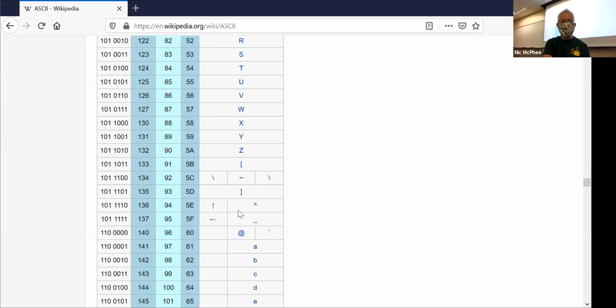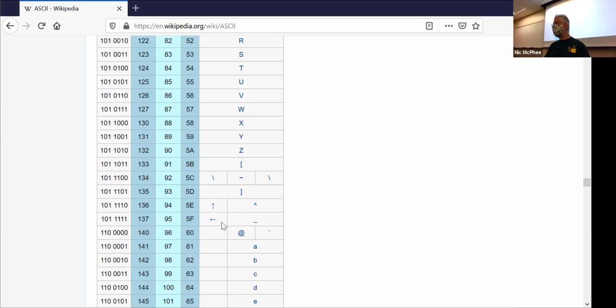As an example, the 94 and 95 were left arrow and up arrow. And the alternatives for those are caret, the sort of pointy hat thing, and underscore. Early keyboards often had a different set of characters.